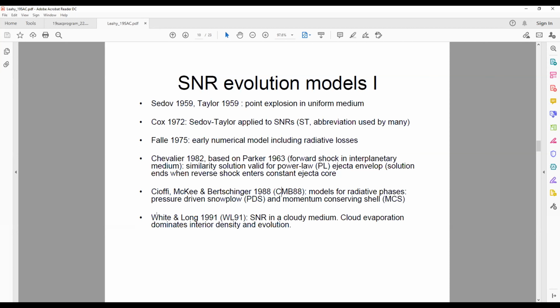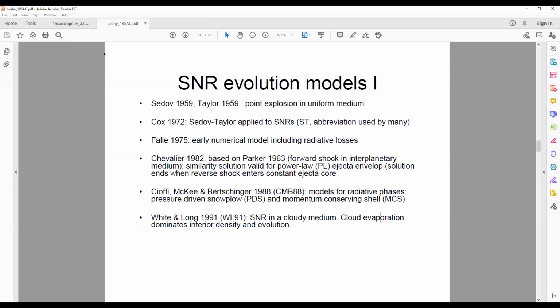White and Long realized that if the interstellar medium is inhomogeneous, it could drastically change the evolution. Effectively, what it does is that when the shock first hits the interstellar medium, it propagates through the intercloud medium, which is low density, giving a fast shock and a high temperature, but over time, cloud evaporation fills the interior with density and homogenizes the brightness and temperature distribution interior to the supernova remnant.